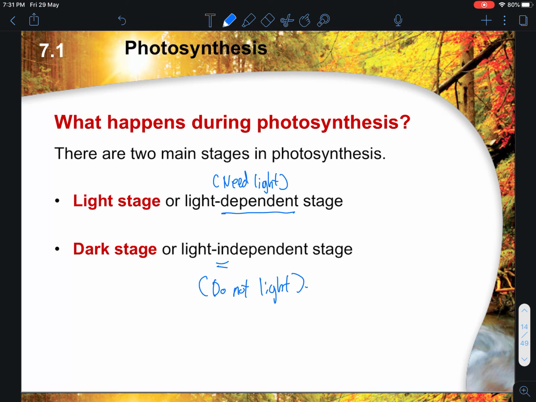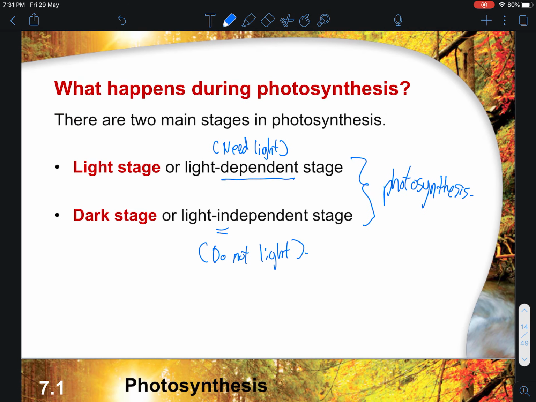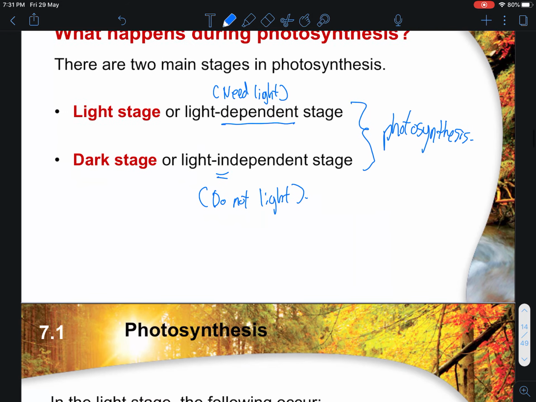So the light stage is light dependent, then of course there's a dark stage. But the whole thing together is photosynthesis. So in the exam, if they ever ask whether you need light energy for photosynthesis, your answer is still yes, because you still need light energy for the light dependent stage. This came out as, I think, one of the essay questions in an O-level exam. So do take note of how to explain.